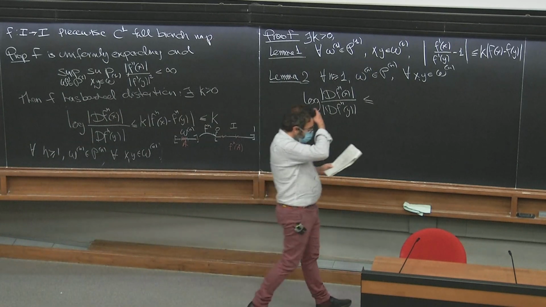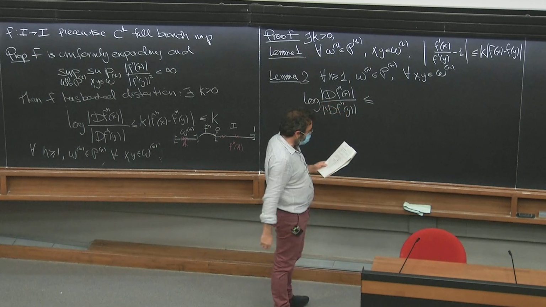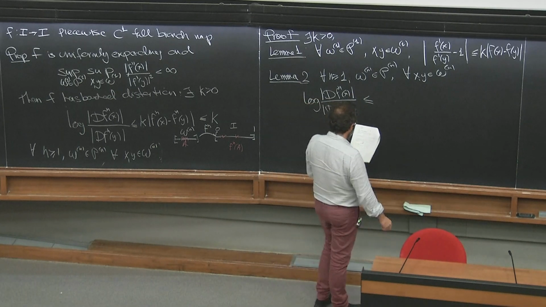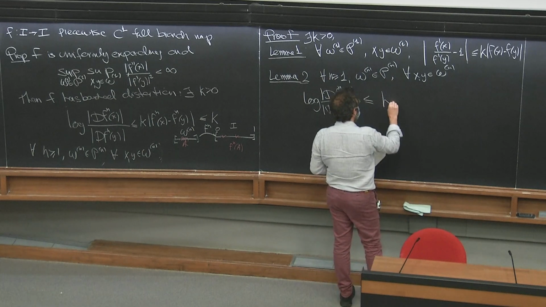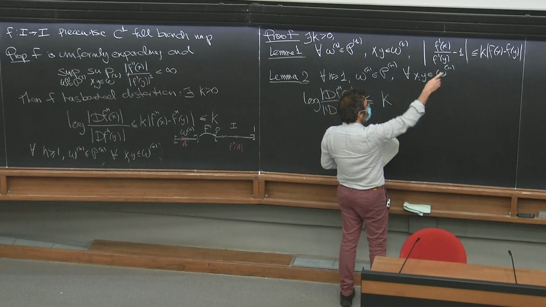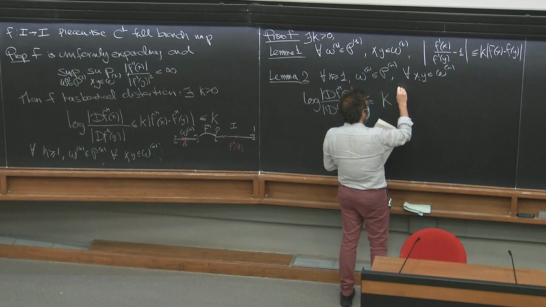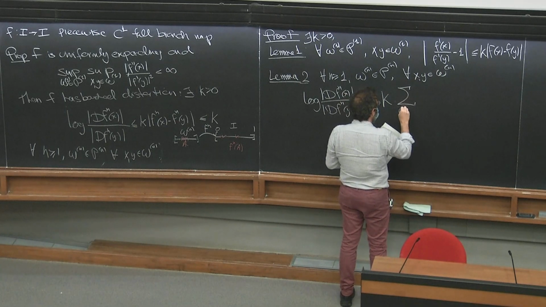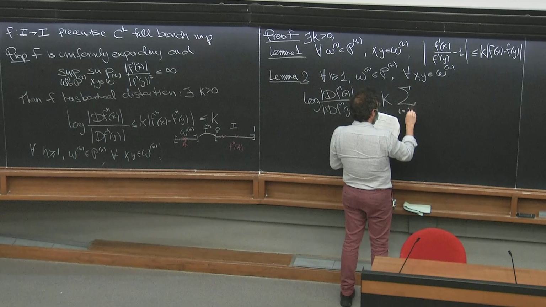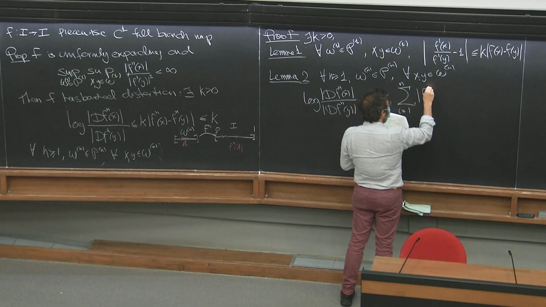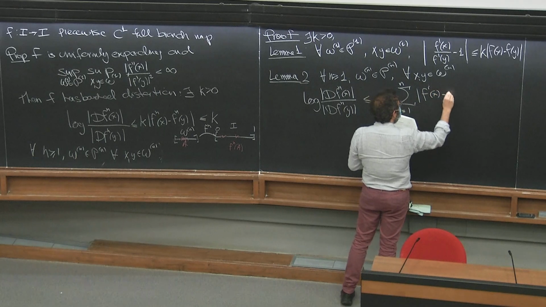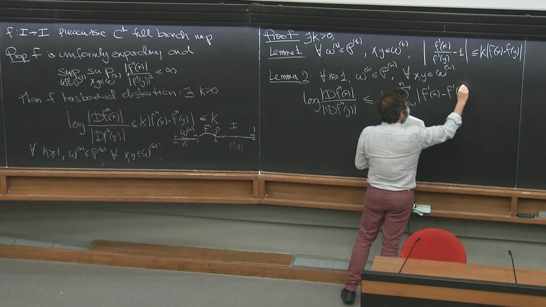And the first step, there's two steps really in the proof, is that this is less than or equal to this constant, the same constant here actually, times the sum i equals 1 to n of |f^i of x minus f^i of y|.